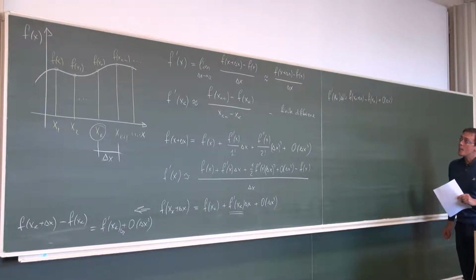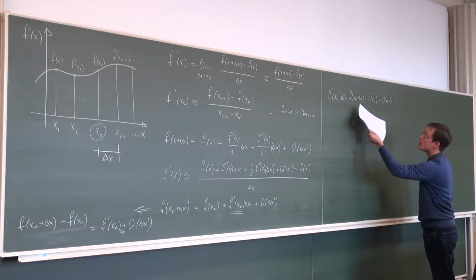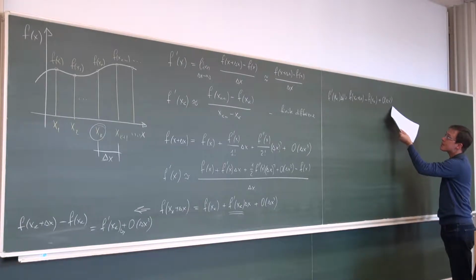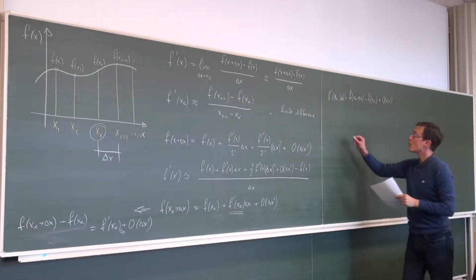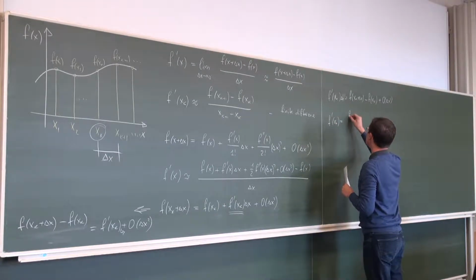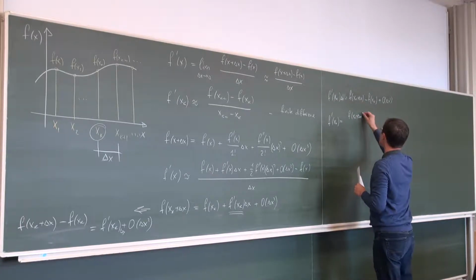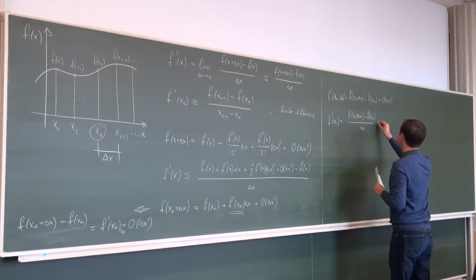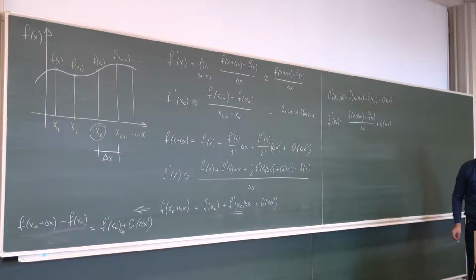Right, so to complete our definition, the derivative was this minus this divided by delta x. We need to divide by delta x. This is order of delta x squared. If I divide this by delta x, it will be order of just delta x. So, f prime of xk is f of xk plus delta x minus f of xk over delta x plus something of the order of delta x. And this is what we now need to take a careful look at.